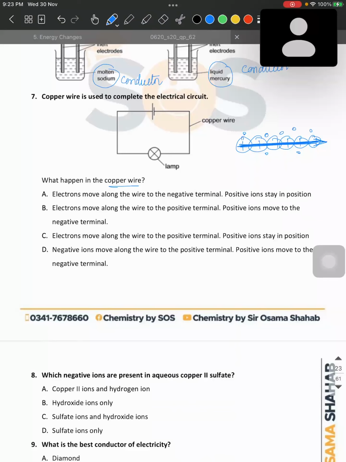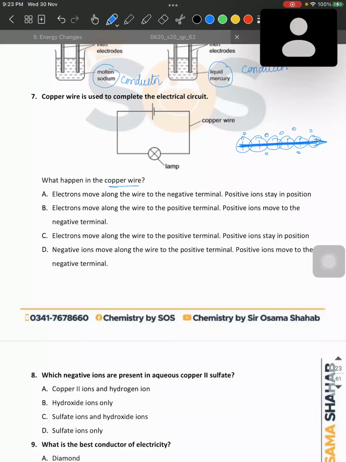It's not possible, na. तो जो पॉजिटिव आयंस हैं, the ions will remain on their position, वो चेंज नहीं हो सकते, ठीक है ना? जो इलेक्ट्रॉन है which are delocalized over here, they can move, right? So when they move, they are going to be replaced by the new electrons, ठीक है ना? So you just need to keep in mind electrons can move, right? And electrons always move from negative to positive terminal, right?